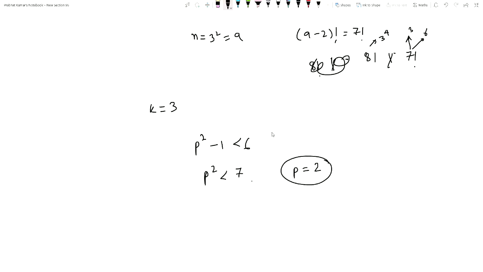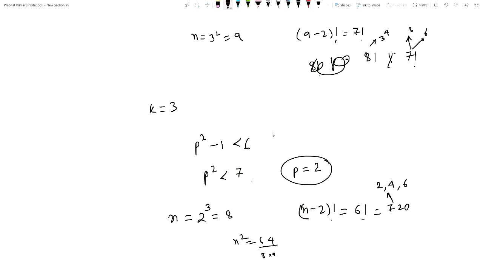So here we have only p to the power k, so the number is of this form, 2 to the power 3, right? If n is 2 to the power 3, that is 8, then we can check that n minus 2 factorial is 6 factorial. So 6 factorial is 720, and this n square is 64, right? 64 means there are at least 2 eights here, but in 6 factorial the 8 can come from 2, 4 or 6.